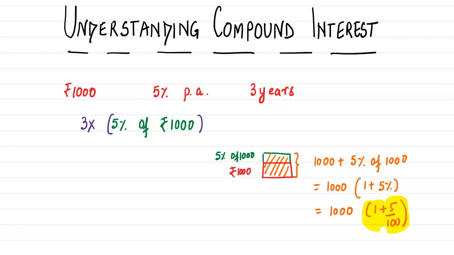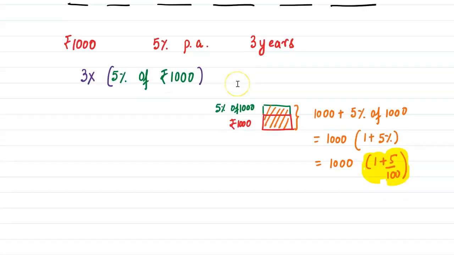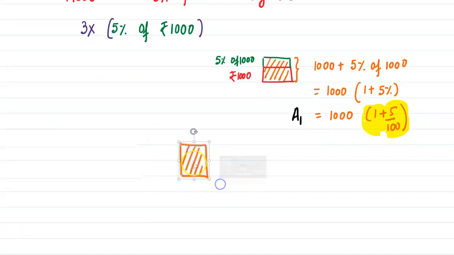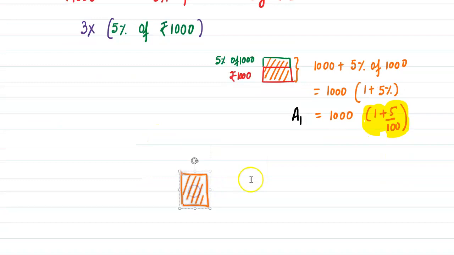Now we have this much money, which we can call the amount for the first year. Let's take this orange bar, which we have after the first year. Now we have to increase this money by 5%. Every time you increase your money, I'll show you with what factor it is going to increase.